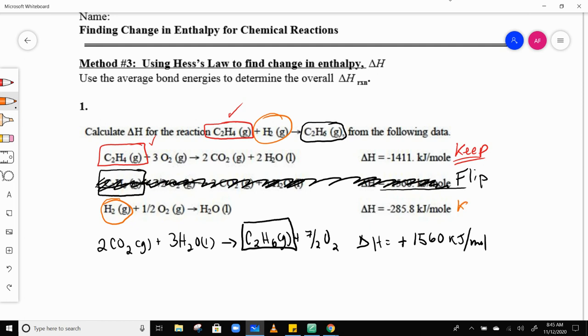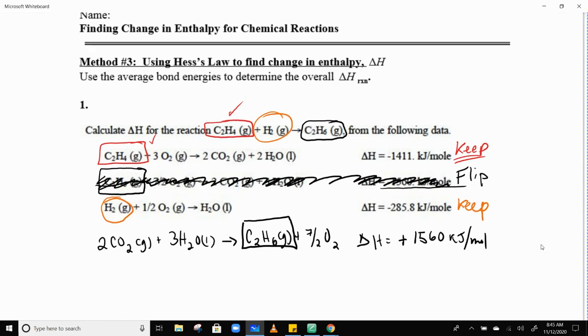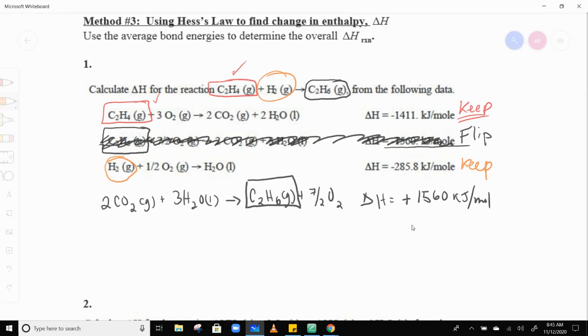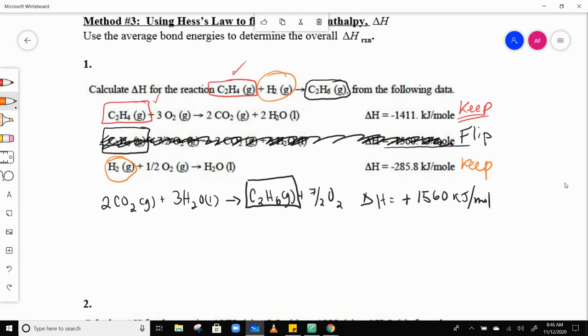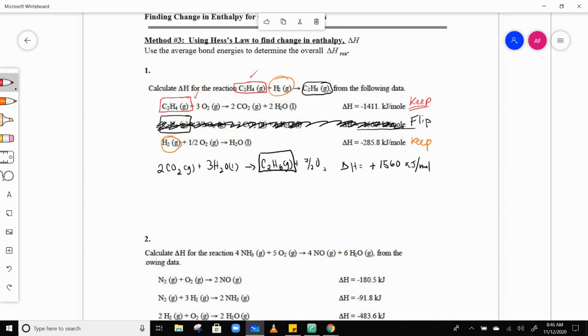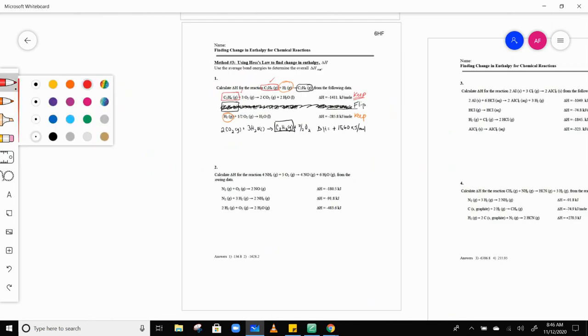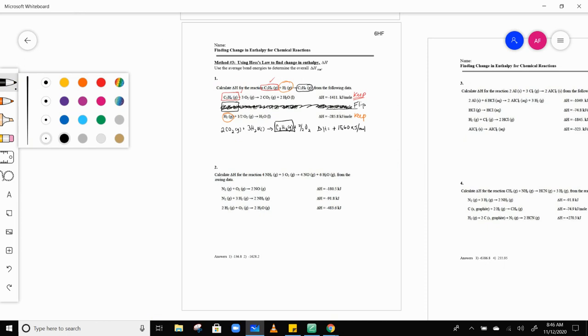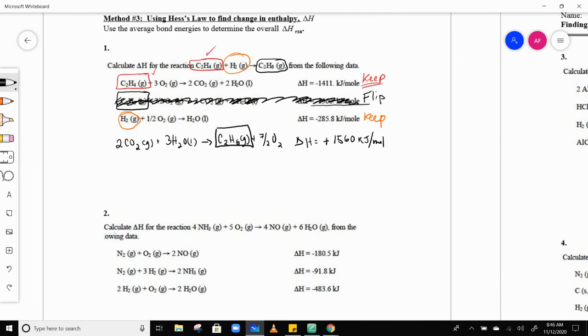We can keep it. Now these do tend to get a little bit trickier. This one's a little bit easy, but that's because it's the first one.